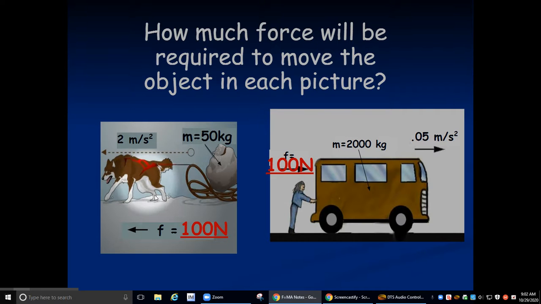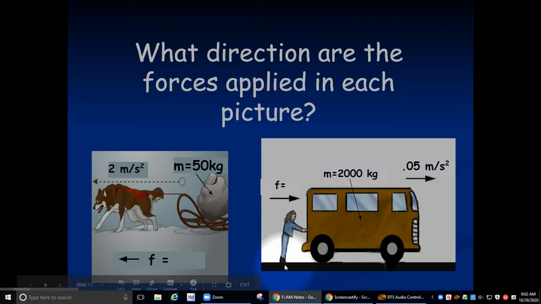This dog is applying 100 newtons of force. This person is applying 100 newtons of force. But notice that because this van has a much larger mass than the mass of the rock, look at the small acceleration versus the acceleration that the sled dog produced. The force being applied here is to the left, and the force here is being applied to the right.